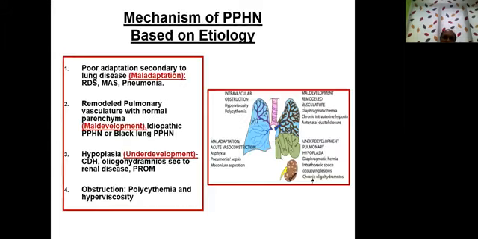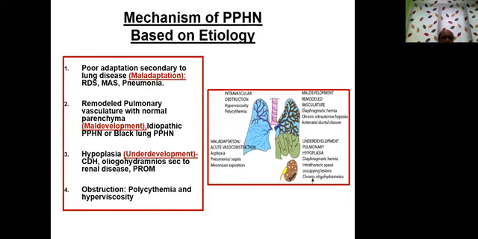Now, based on the etiology, we can classify pulmonary hypertension mainly into 4 types. One is because of maladaptation, as I mentioned earlier, because of meconium aspiration or respiratory distress syndrome or pneumonia, where there is poor adaptation because of a secondary injury to the lung.